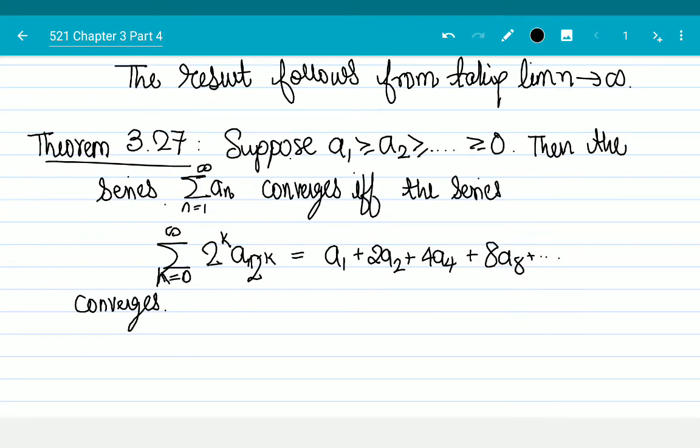Okay. Proof. So this is interesting in the fact that we are skipping a lot of terms. Not every term is being accounted for, right? We are skipping a lot of terms, but the monotonic decreasing allows us to do that.